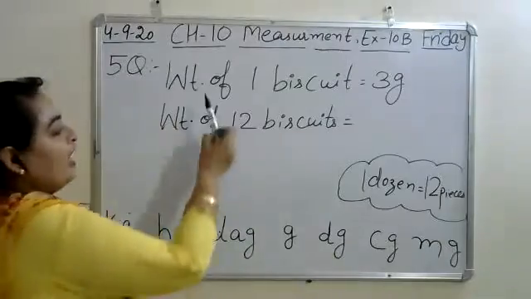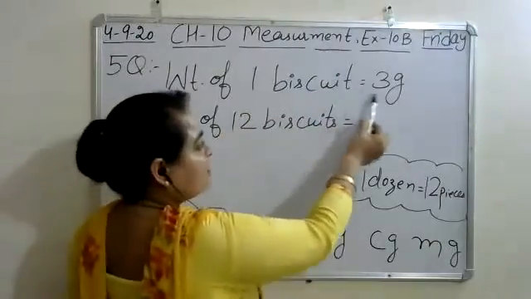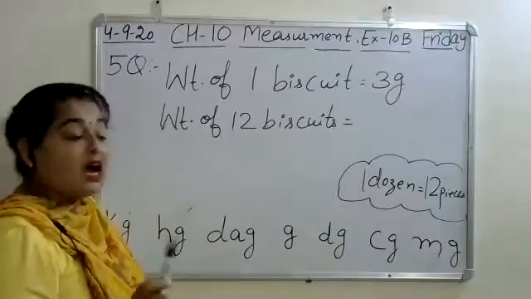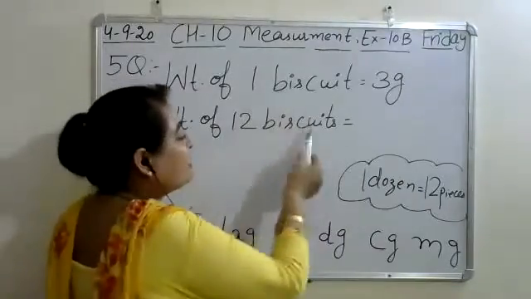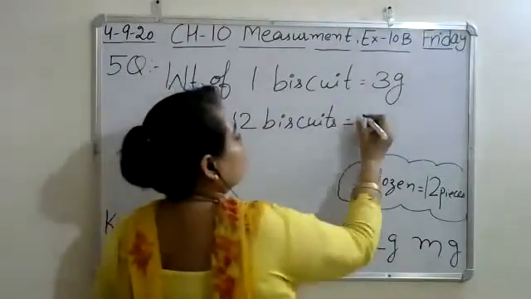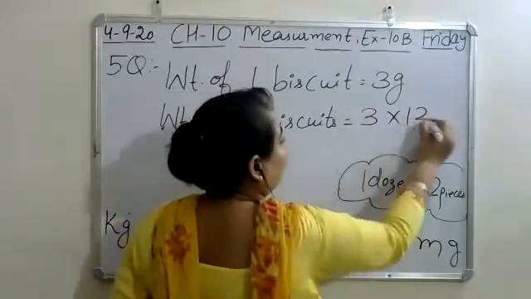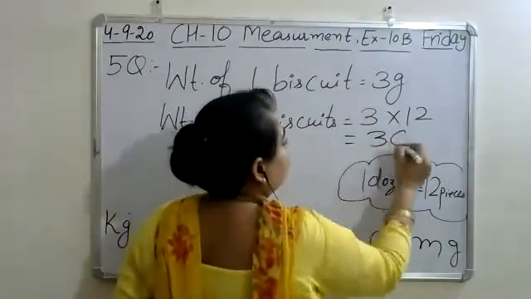The weight of one biscuit is given to you. To find the weight of 12 such biscuits, we will multiply both. So 3 multiplied by 12 is equal to 36 gram.